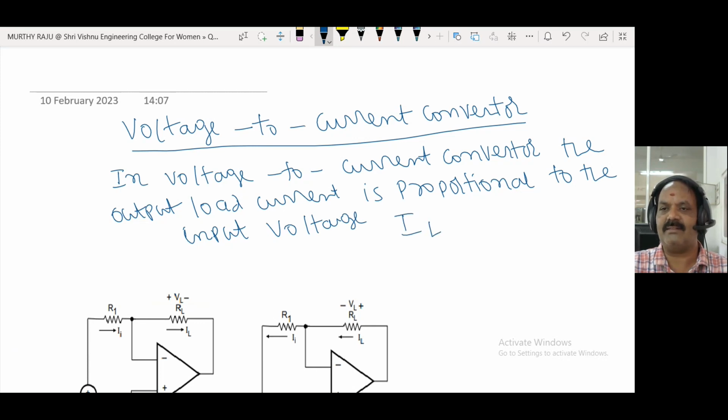That means IL, the output load current, is proportional to input voltage VA.